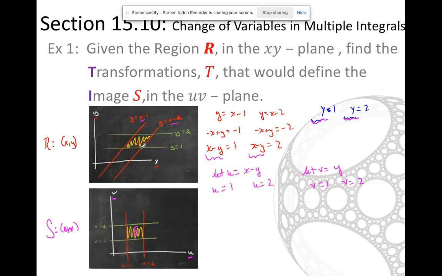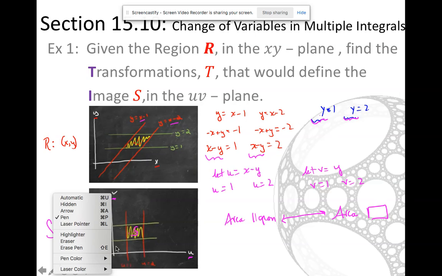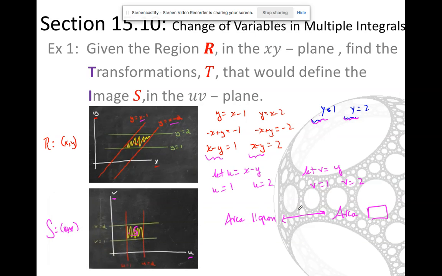The problem is that the area of this parallelogram is not the same as the area of that rectangle. But we have a way of finding the scalar multiple that does make them the same.